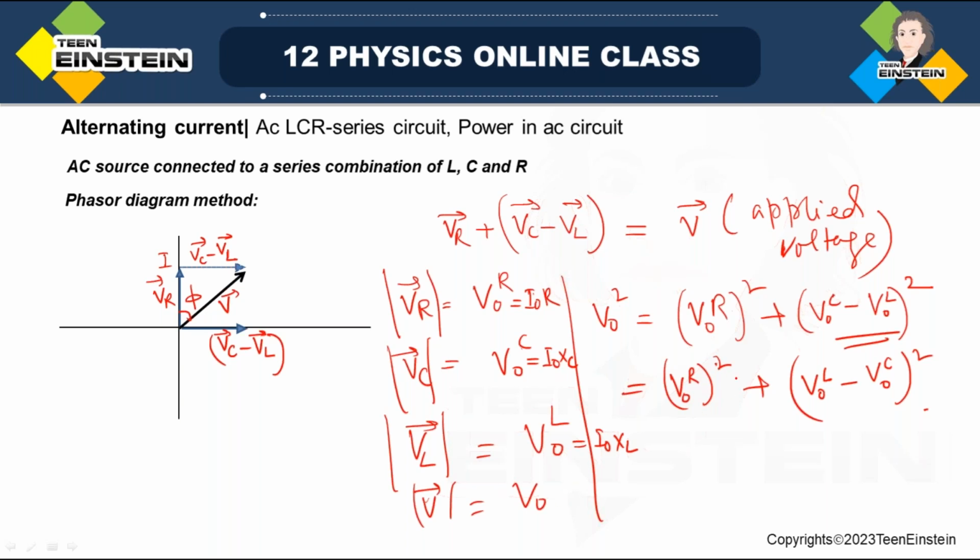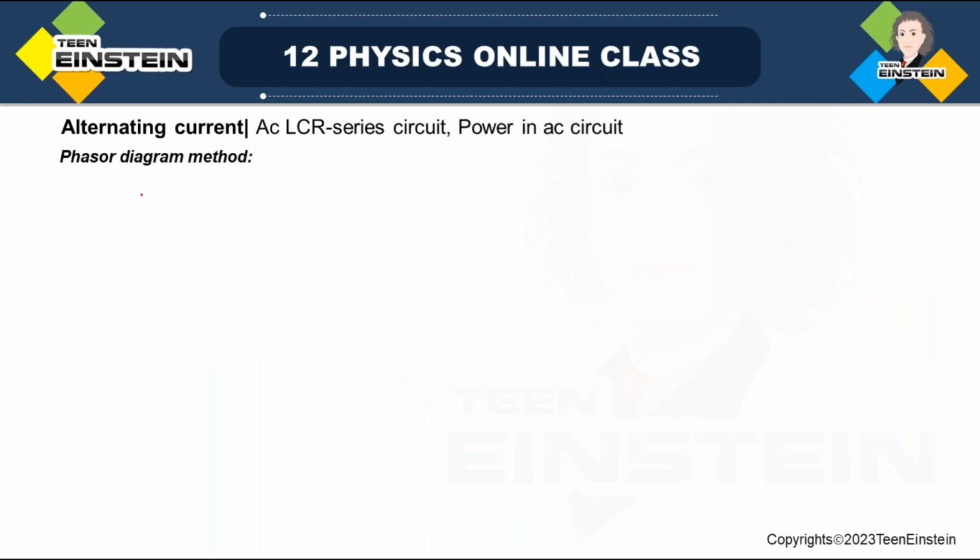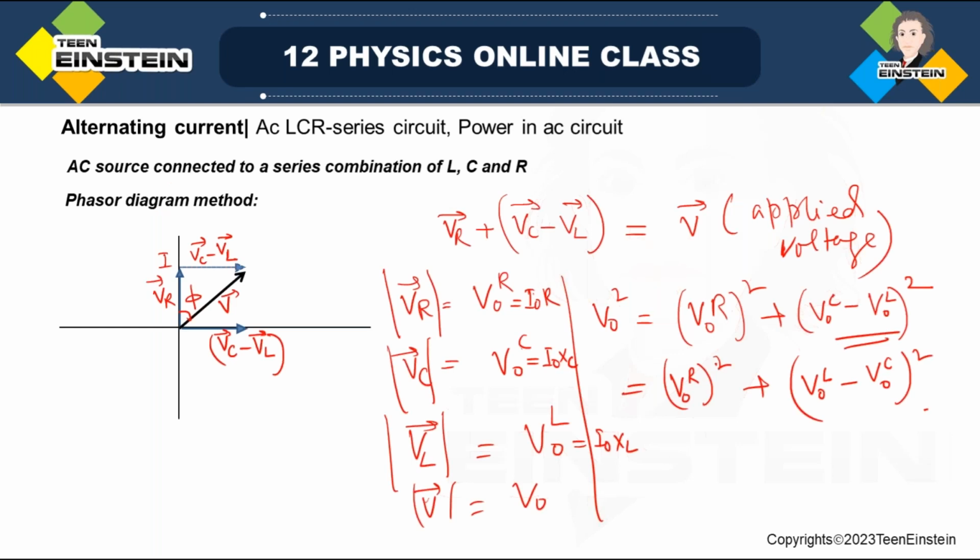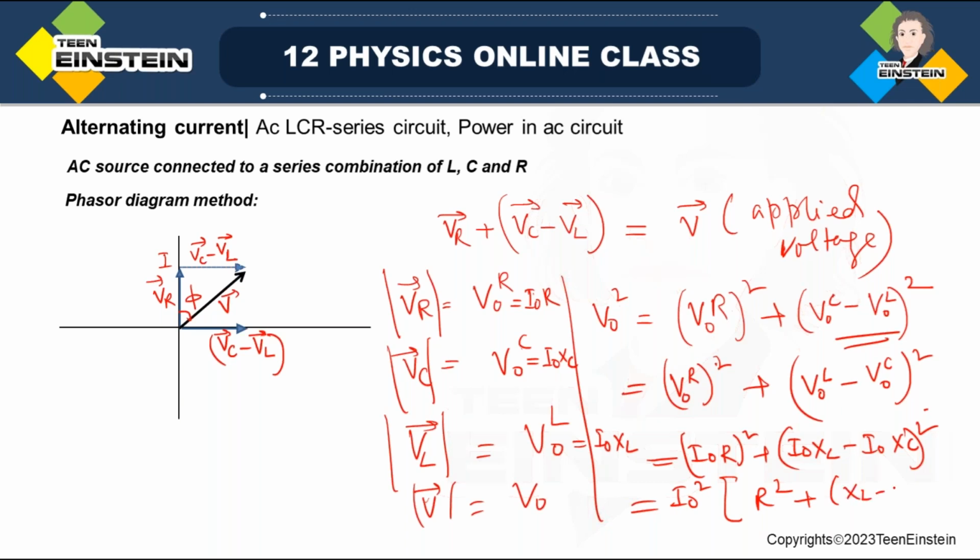So if I put those things, I will get V0 square is equal to I0 R whole square plus I0 XL minus I0 XC whole square. So we can take I0 square common, then I get R square plus XL minus XC whole square, right?